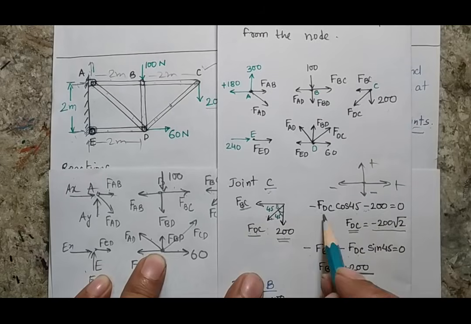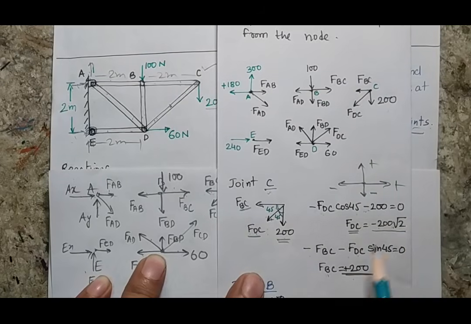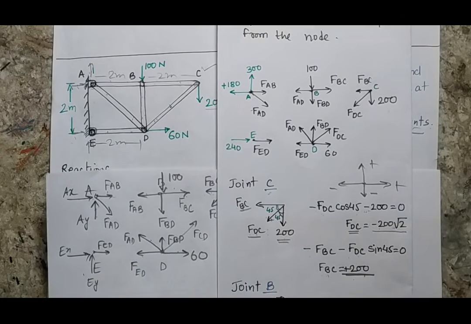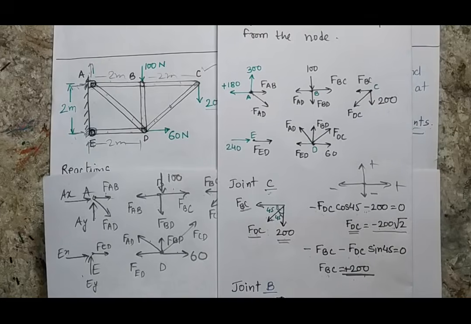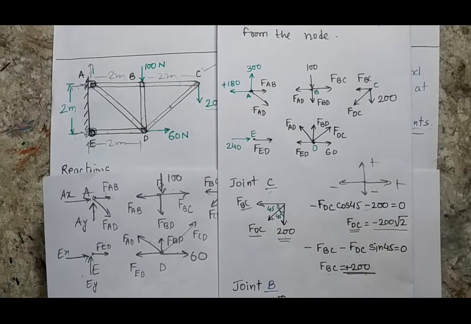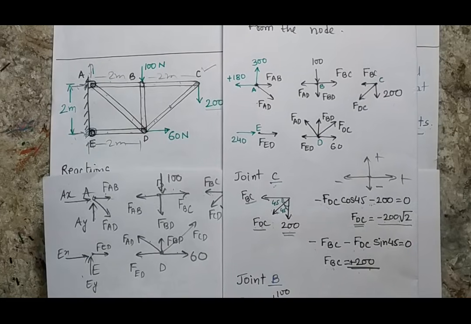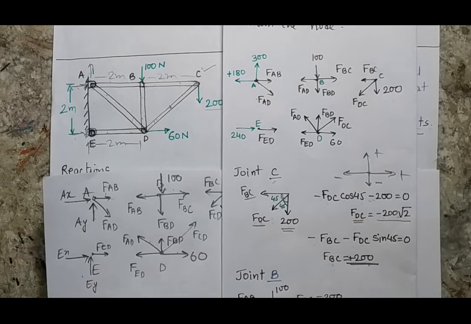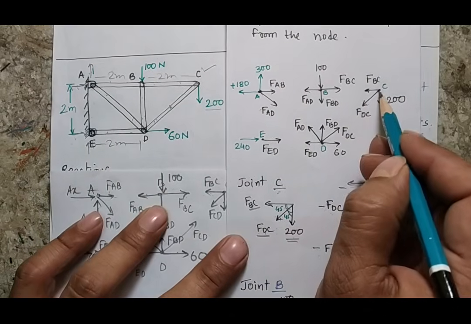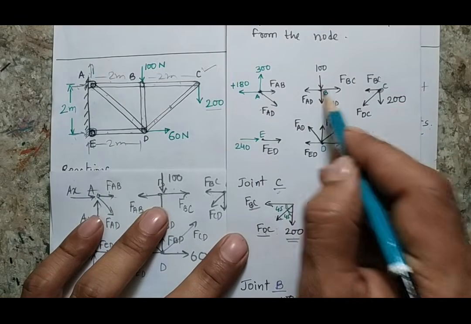So I know that this DC force will be of compressive nature and force BC will be of tensile nature. But as I said, we are not going to change our sign in between the problem. Finally, when we put all the forces together, that is when we will comment on which force is positive and which force is negative. Once I calculate the C joint, now I have a choice to move here or here.